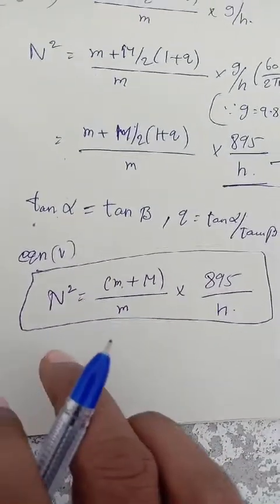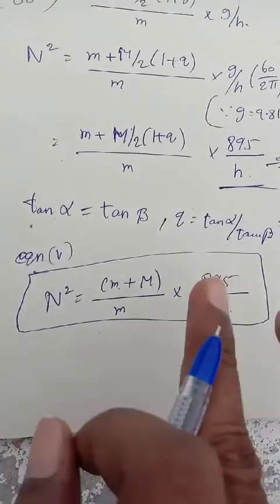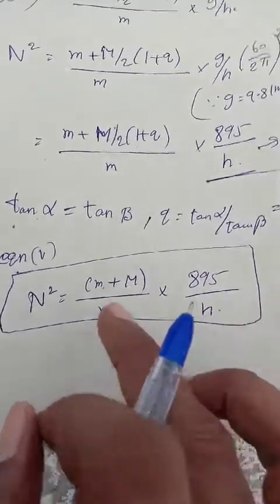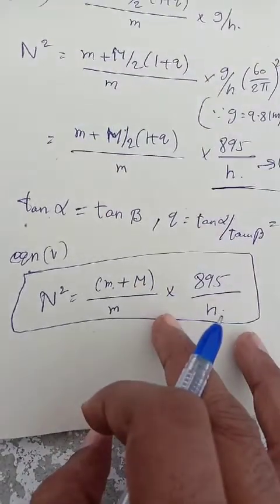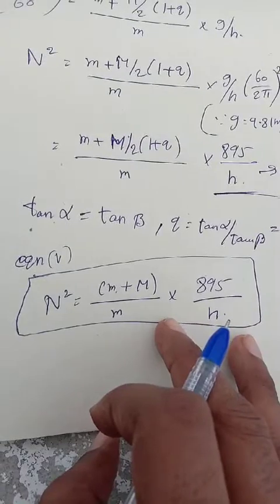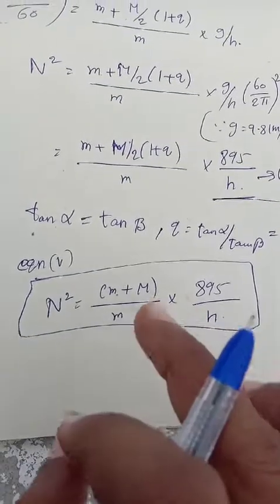So this is the first condition, you can take the second condition. When the loaded sleeve moves up and down the spindle, the frictional force acts on it in a direction opposite to that of the motion of sleeve.